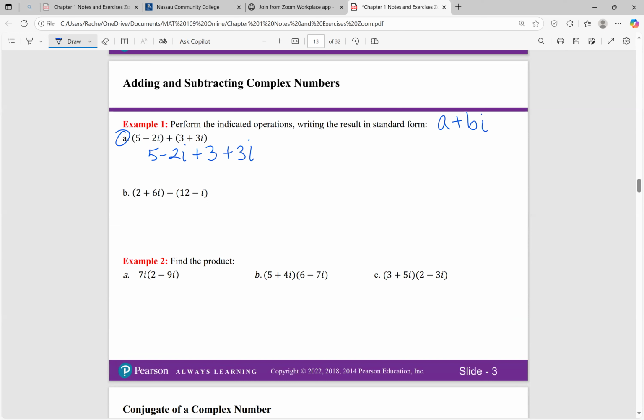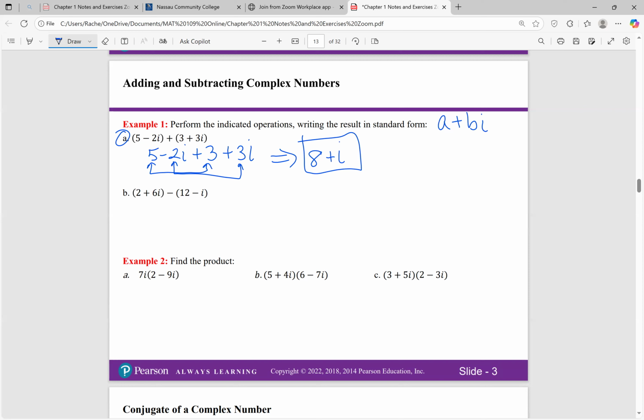Add the real parts: 5 plus 3 is 8. Now we can add the imaginary part. Negative 2i combined with a positive 3i is a positive 1i, or just i. We don't really need to write the 1, right? 8 plus i is the same thing as 8 plus 1i, and that would be your standard form.